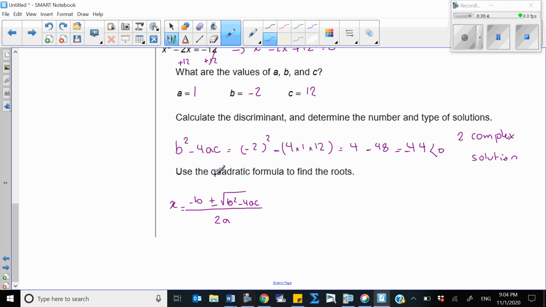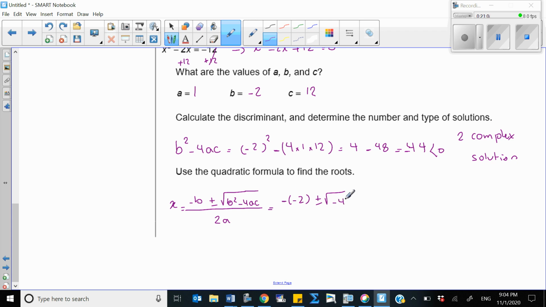In order to find the solutions or the roots using the quadratic formula, I'm going to use the formula and replace the values. Negative b, it will be negative times negative 2 plus and minus square root of negative 44. That's what we already found for our discriminant.